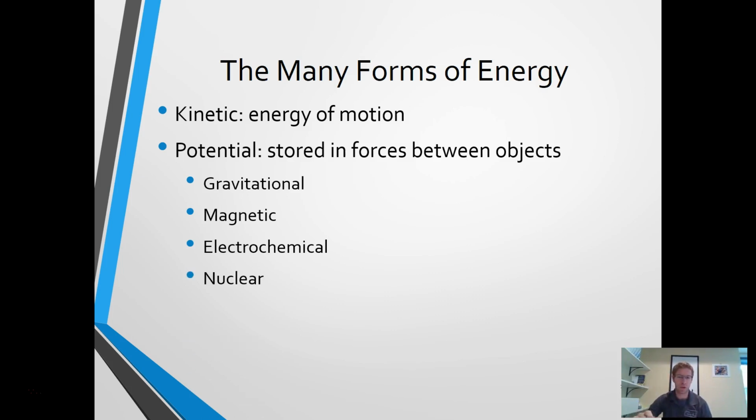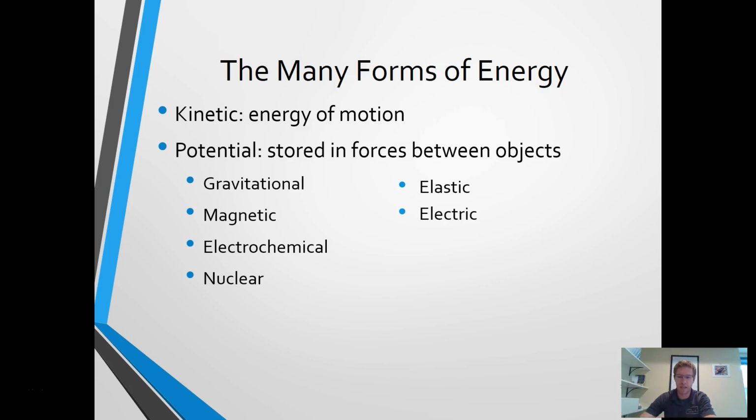There's nuclear energy, which we'll talk about more, but it's the energy stored within the nucleus of atoms as a result of the forces on the nucleus, the strong nuclear force, for example. You have elastic potential energy, which is stored energy in things like rubber bands or springs.